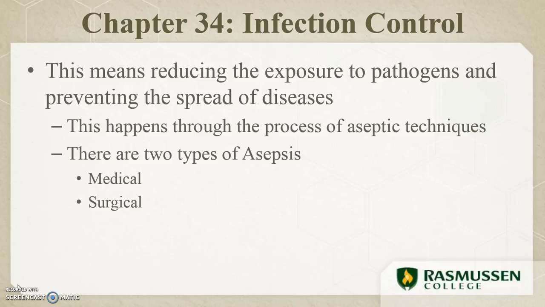Surgical asepsis, on the other hand, refers to being sterile and stopping organisms before they enter the body, such as what we use prior to surgeries. So when we are talking about being germ-free and stopping the infections, we need to understand that those come from any sort of agent.